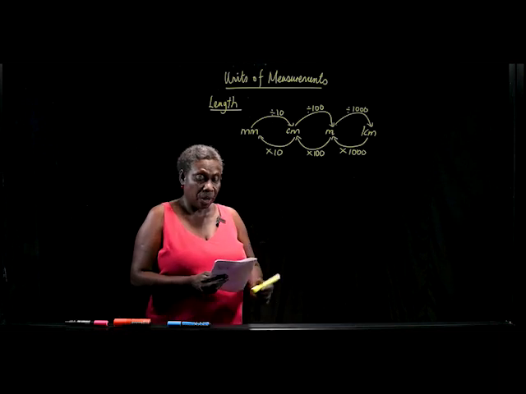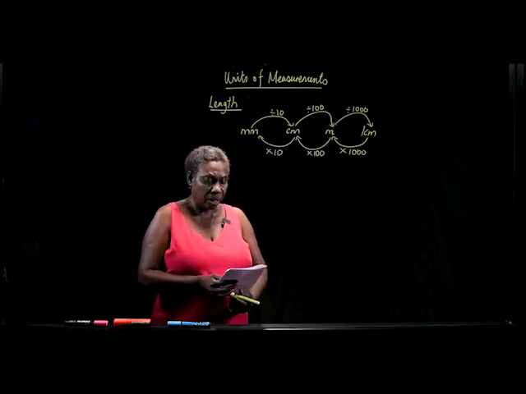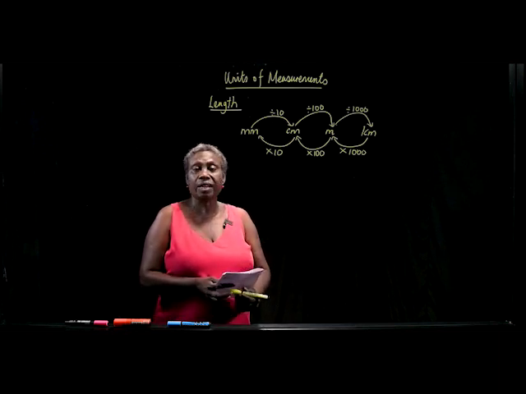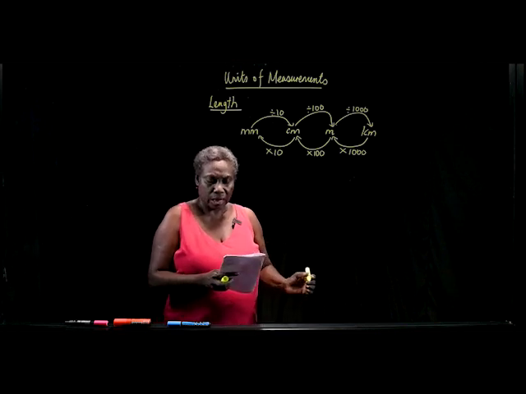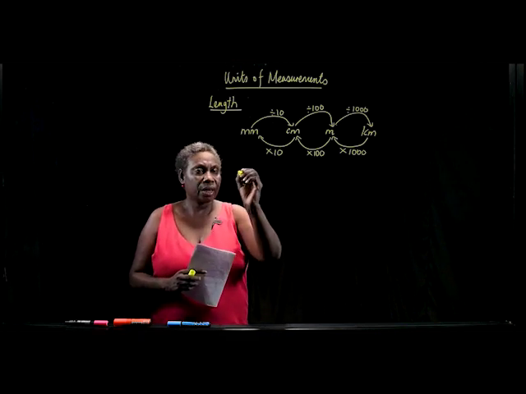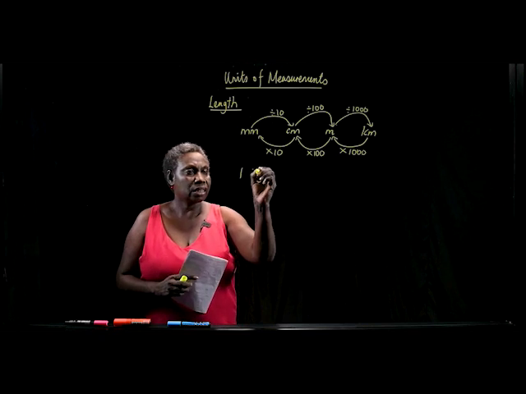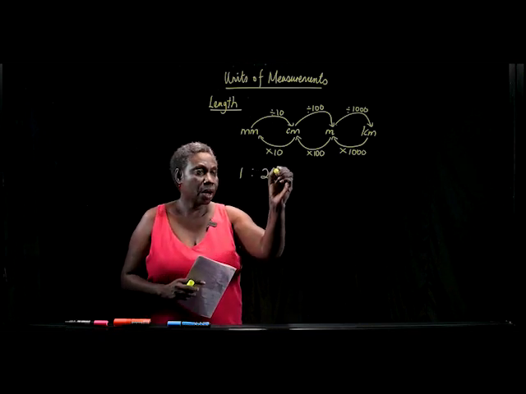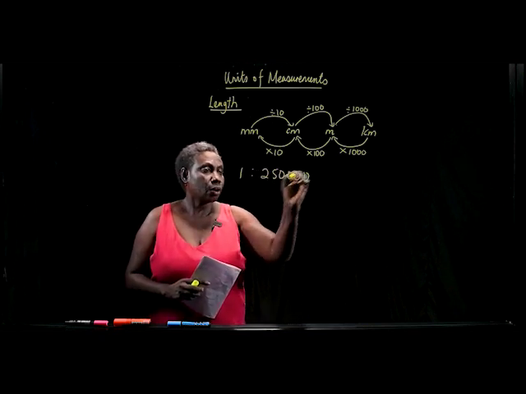For example, on map scales, there are map scales that you use to find the actual distance. On a map scale, let's say we have 1 is to 250,000.